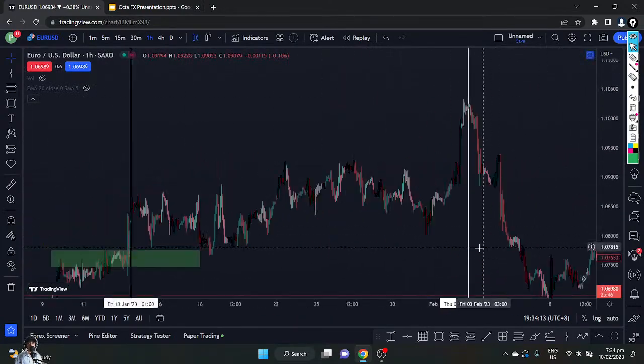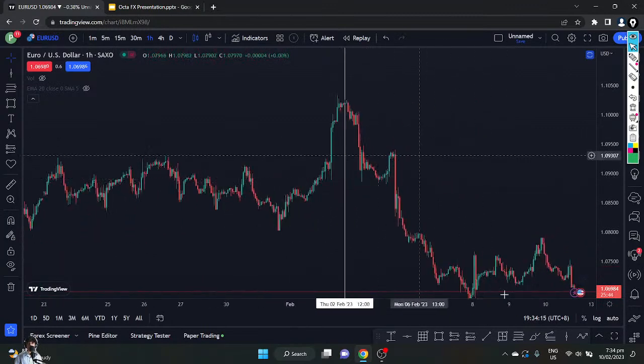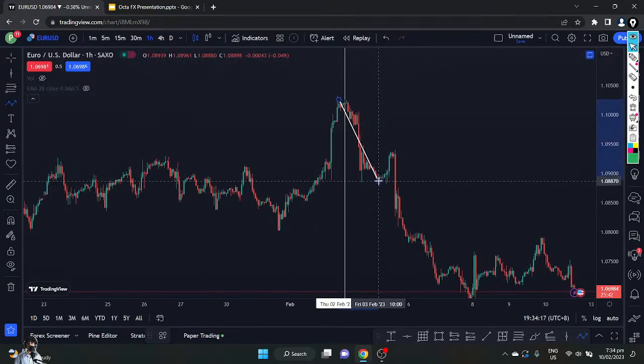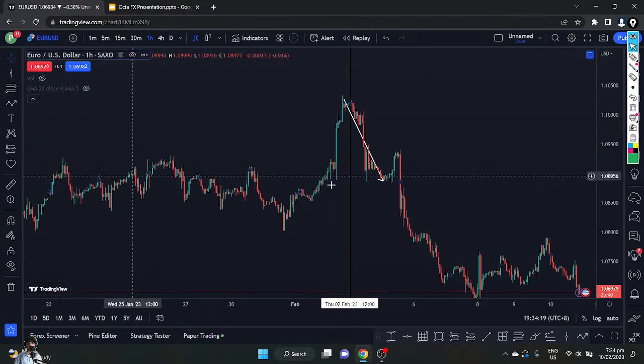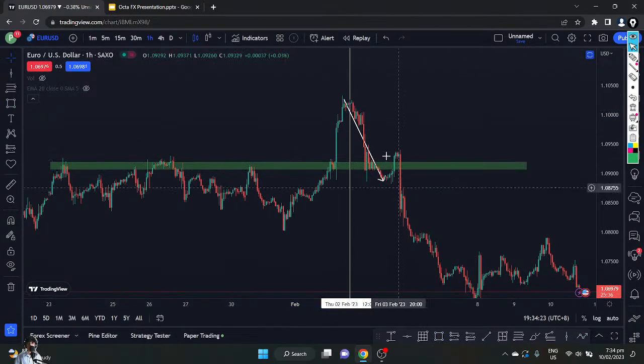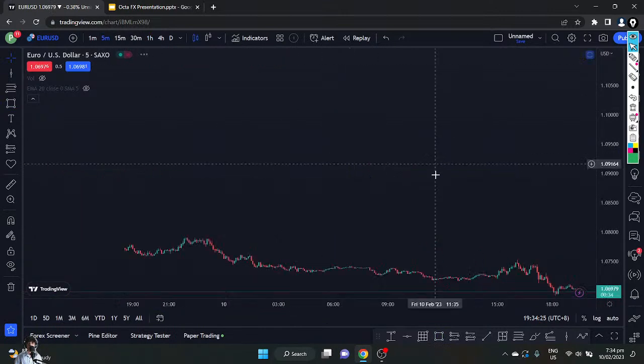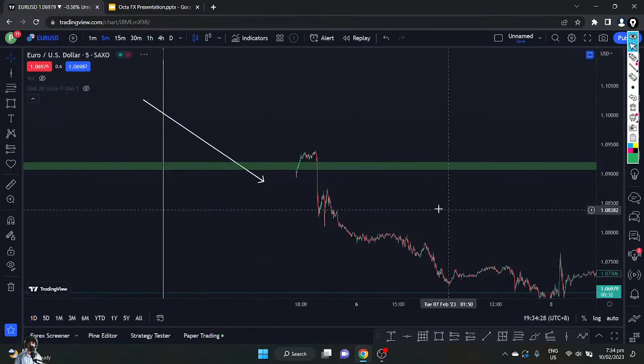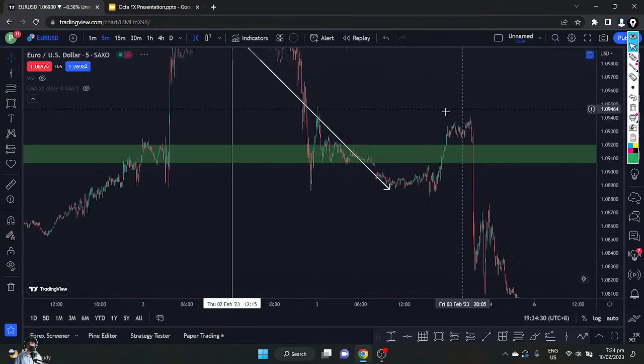So here we have this uptrend pattern. Then we saw that the price pulled back, and then the price pulled back on its previous resistance, which could turn into support right here. So let's say we are looking to take a buy entry right here.